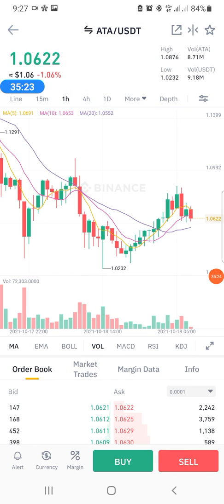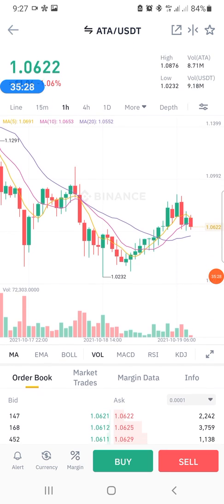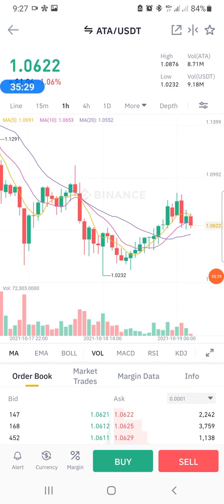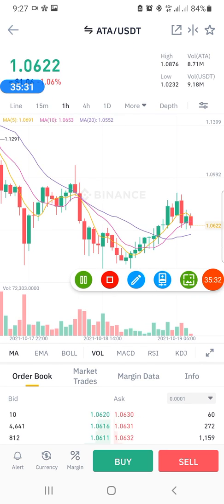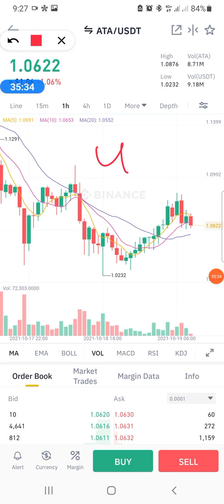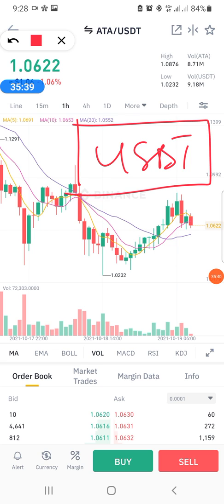Now, in trading cryptocurrency, we make use of this USDT. We make use of these stable coins as the quote currency and take advantage of the base currency.